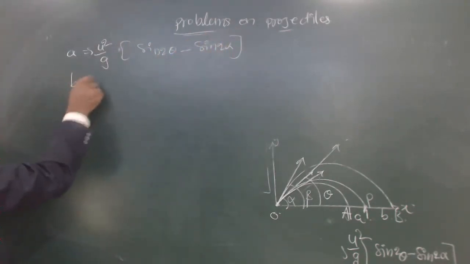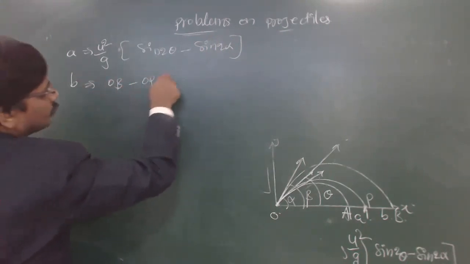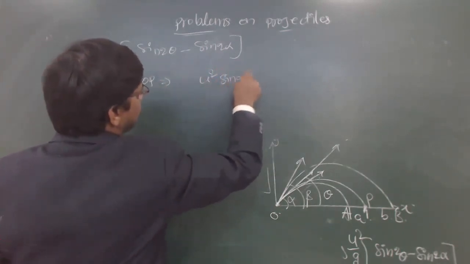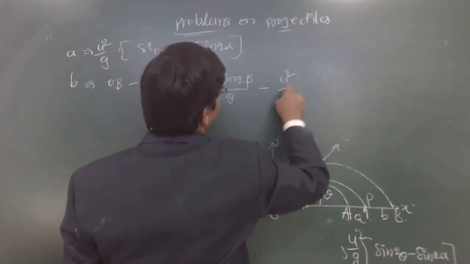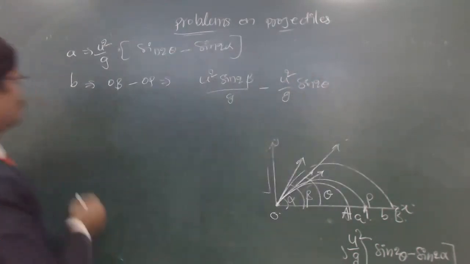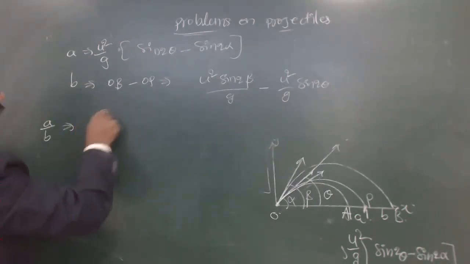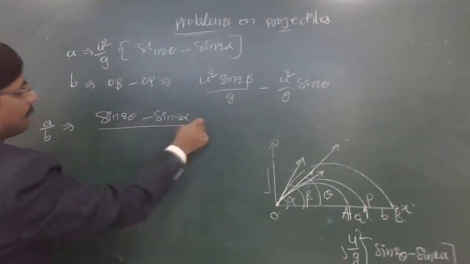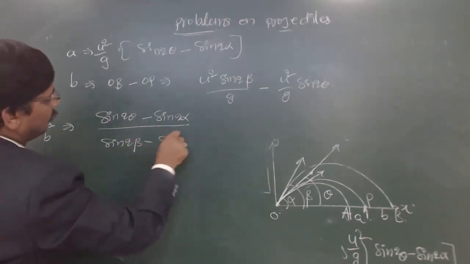Similarly, the B value we can get from OB minus OP. OB is u square sine 2 beta by g, minus OP, which is u square by g times sine 2 theta. So if you take the ratio of A by B, this is going to be sine 2 theta minus sine 2 alpha by sine 2 beta minus sine 2 theta.